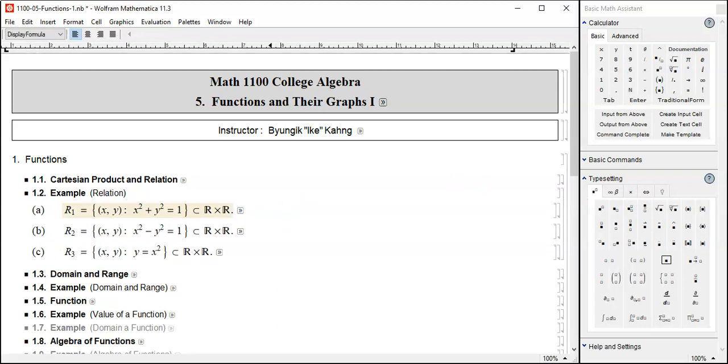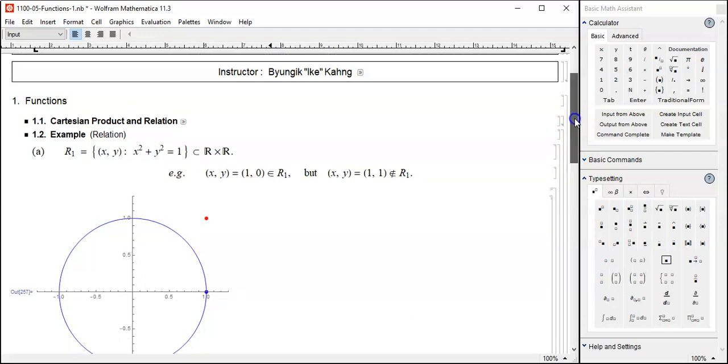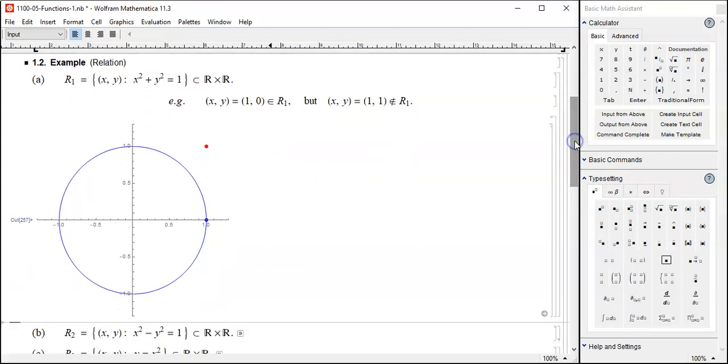Okay, let's consider the first example here. The first relation R1 is defined by this equation here, x squared plus y squared is equal to 1. Do you recognize this equation from Chapter 2? What is it? It's a circle centered at the origin with radius 1.